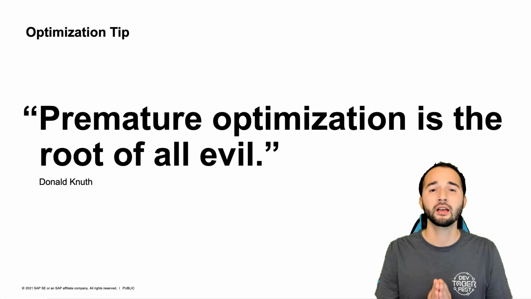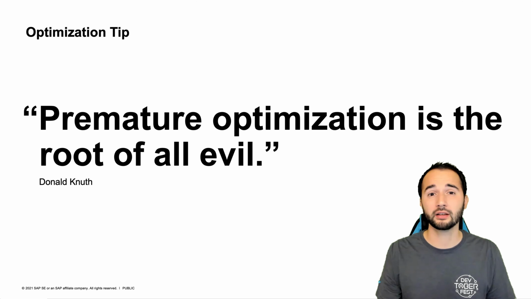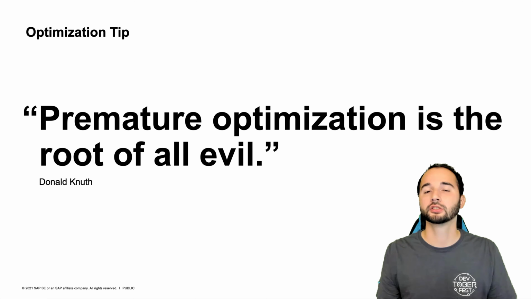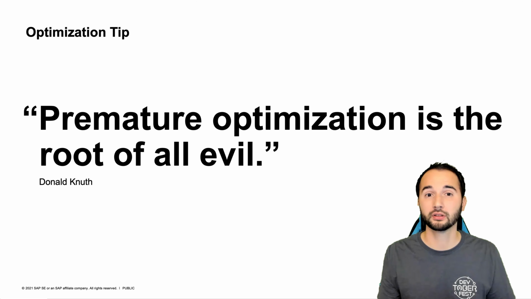It just takes a lot of time, and you spend time that you might better invest in fixing the important parts of your code or developing new features. In the worst case, you might even introduce new bugs when you modify code that is already working, and you don't improve the performance. So please only improve the part of the code that is slowing you down.